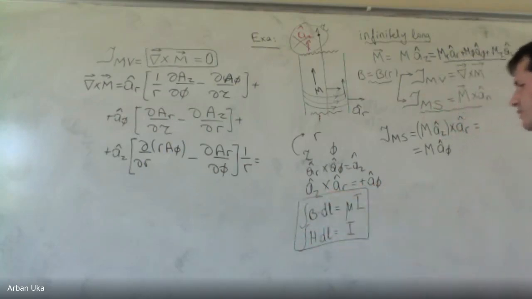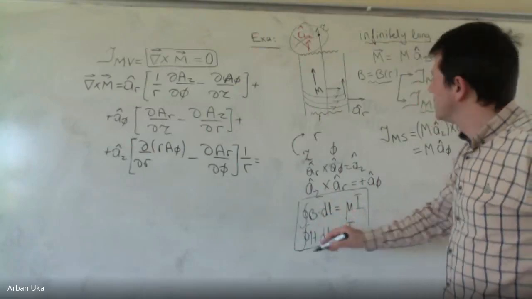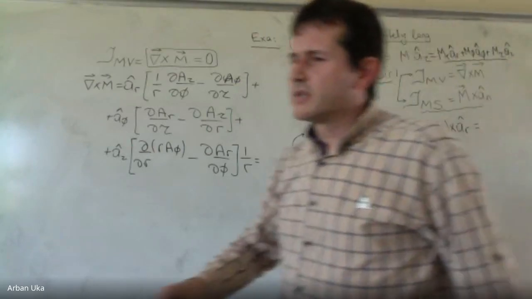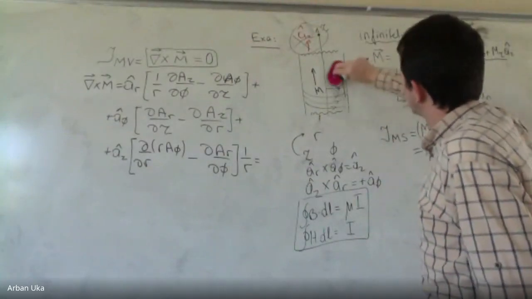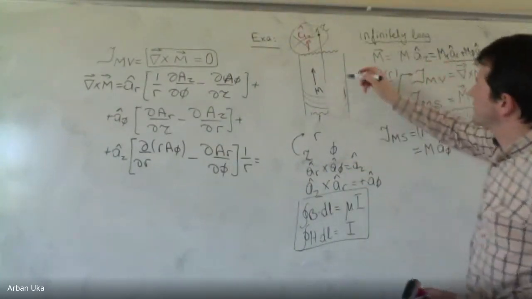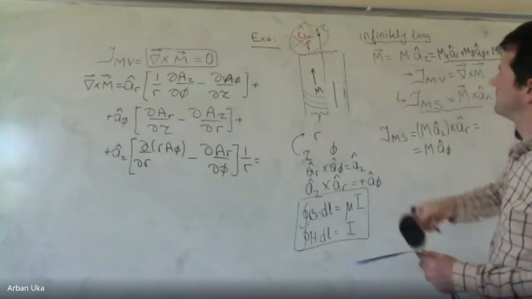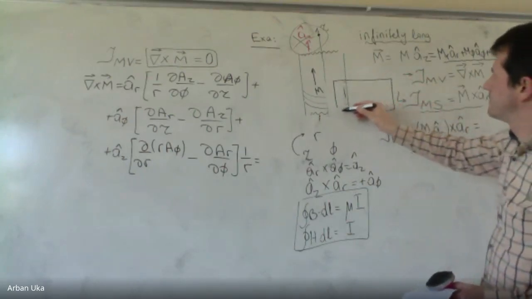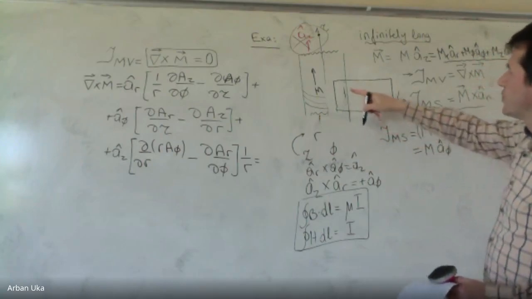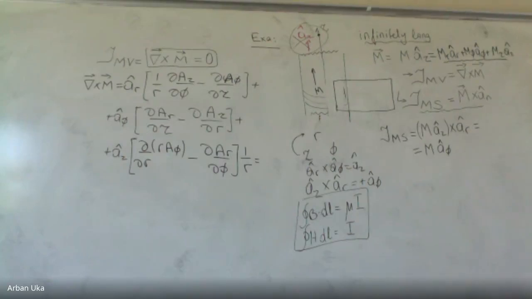So this can be the two expressions that we can identify, and in order to do this, we need to define a closed loop close to this construct. And this closed loop, we can draw something like this. Of course, this doesn't have to be so huge, but we're just drawing it this way.